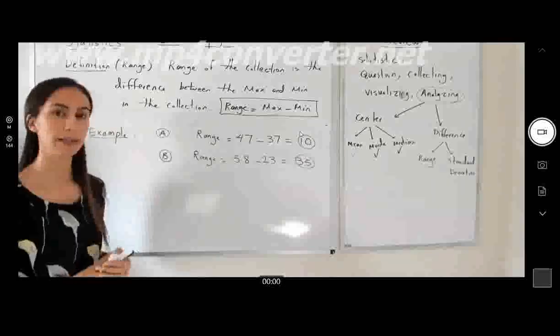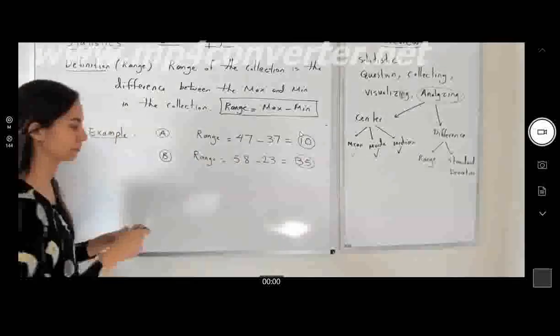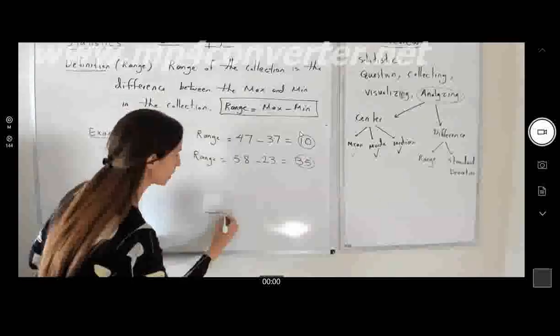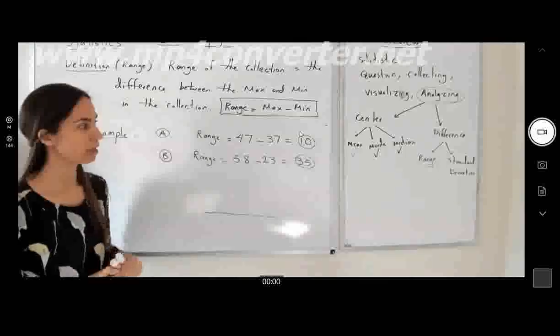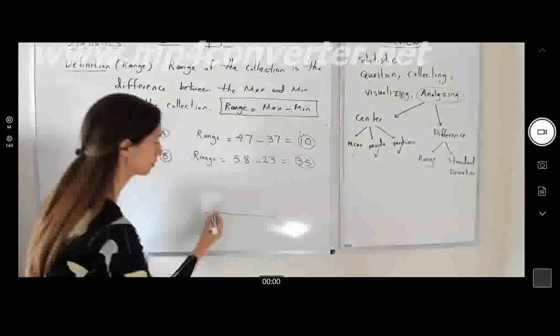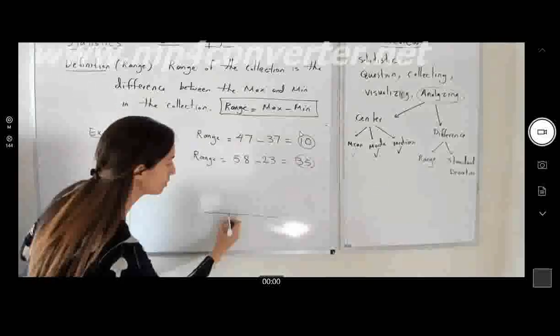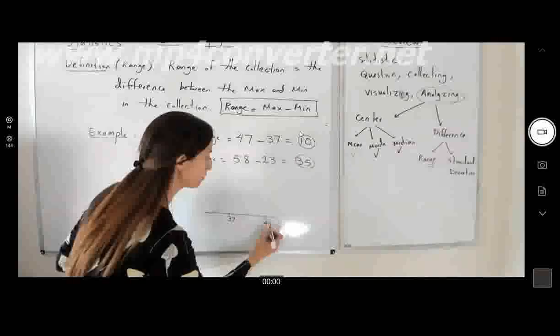So think about it this way. If you have just graphs of these two corporations, the minimum is 37. The maximum is 47.